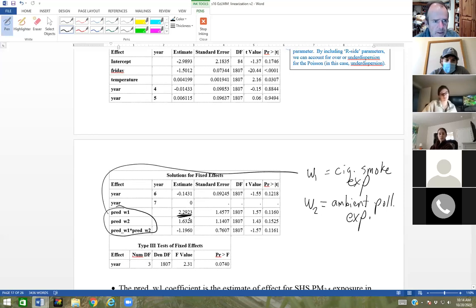In the absence of ambient, right? Because we have these two and we have an interaction between them. And similarly, this 1.63 would be the ambient pollutant effect in the absence of cigarette smoke exposure.